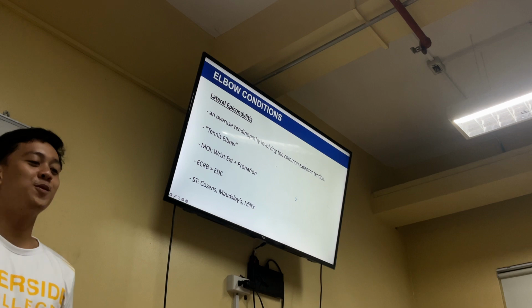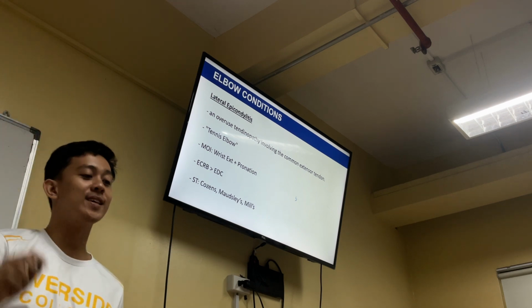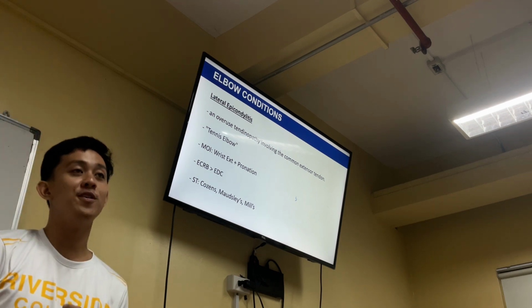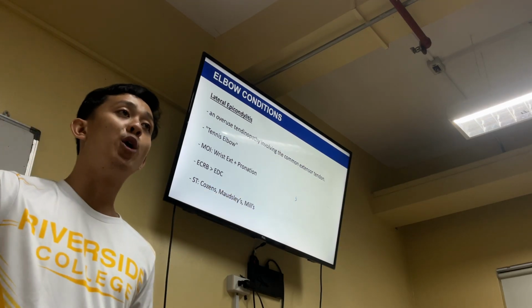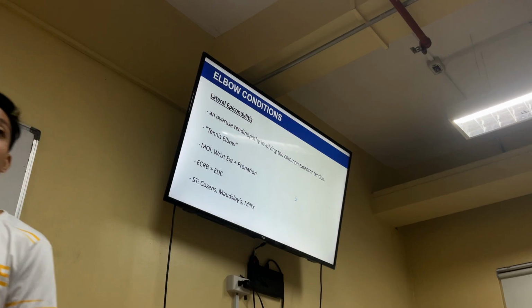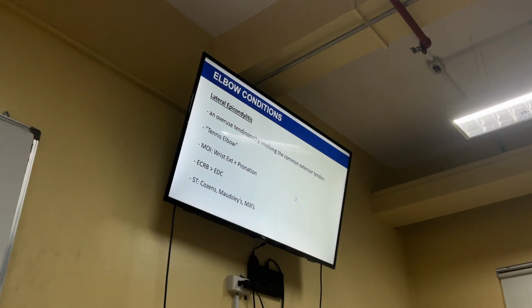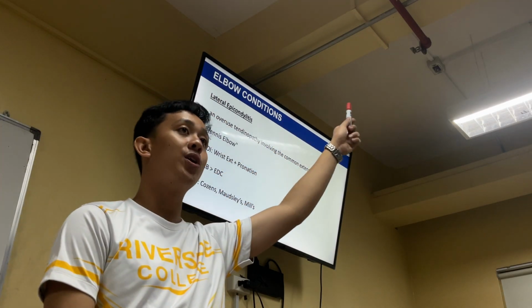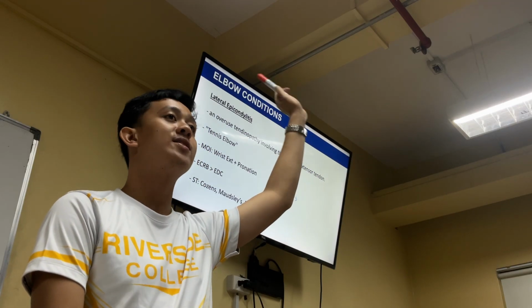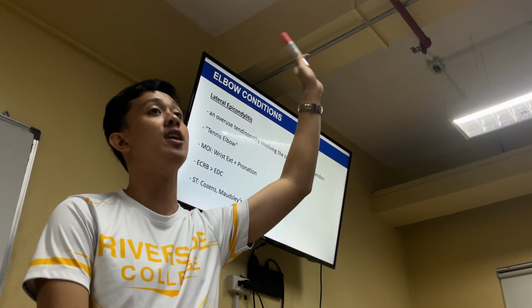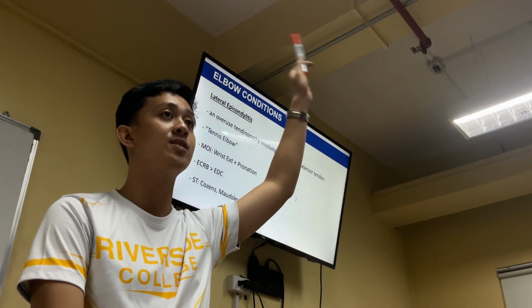So, with your lateral epicondylitis, this is an overuse tendinopathy involving your common extensor tendon. The most common affected tendon under your lateral epicondylitis is your ECRB, extensor carpi radialis brevis, followed by extensor digitorum communis, and it may include extensor carpi radialis longus.